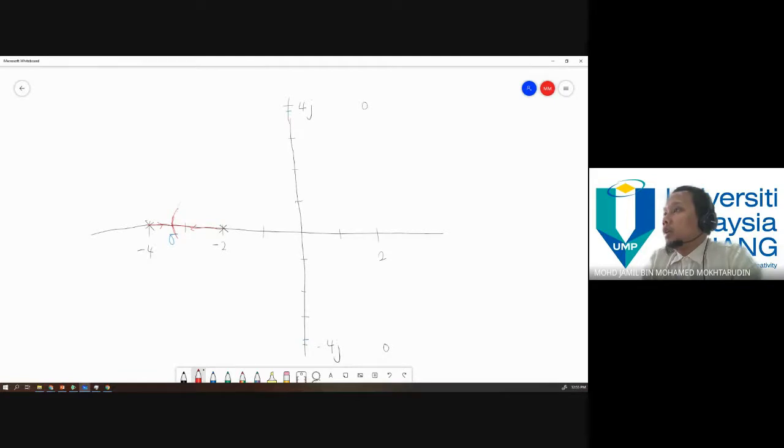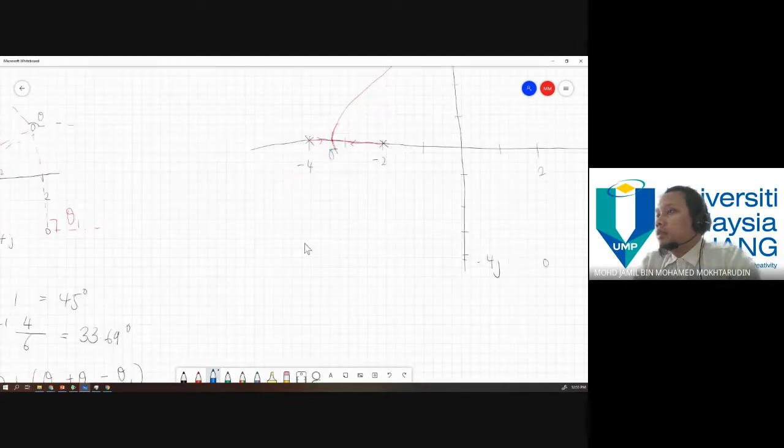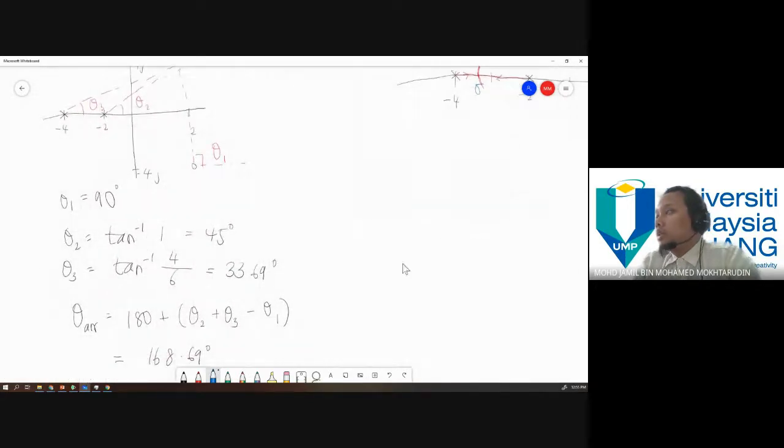Okay, so one of them will cross this. Okay, so it will enter the zero at 169 degree.